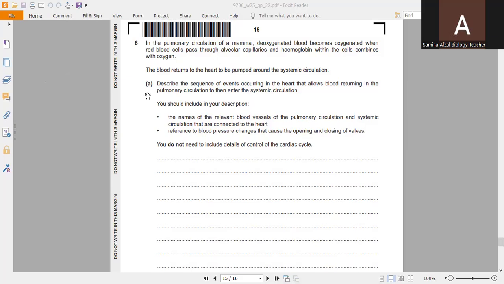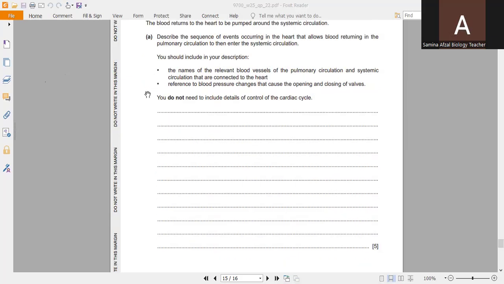Now, in this question, we have to discuss the sequence of events, that is pulmonary circulation and systemic circulation. Pulmonary circulation is between the heart and the lungs, and systemic circulation is between the heart and the body.